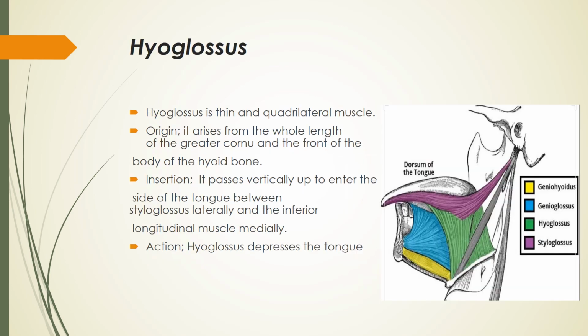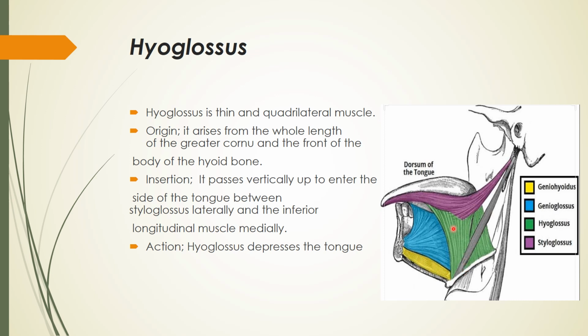The next one is hyoglossus muscle, meaning origin from the hyoid bone. The word glossus is used for tongue. Hyoglossus is a thin and quadrilateral muscle. It arises from the whole length of the greater cornua and front of the body of the hyoid bone.